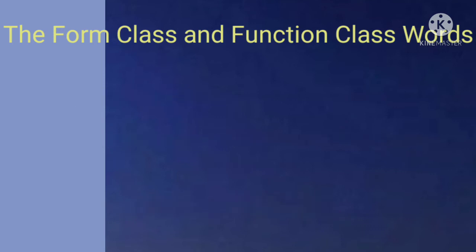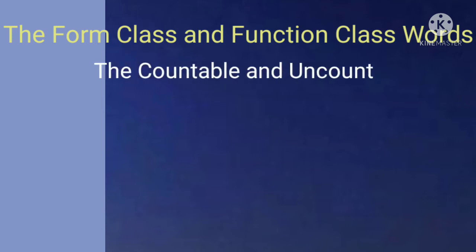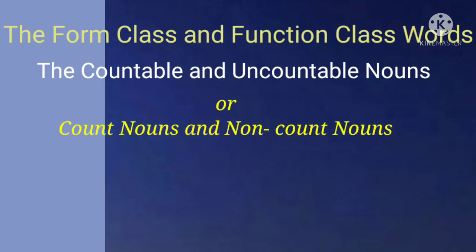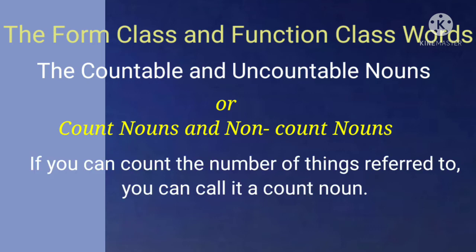Now, we have to understand something about the countable and uncountable nouns. Some people say count noun and non-count nouns. If you can count the number of things referred to, you can call it a count noun. For example, book. You can count the number of books and say there are 100 books here.